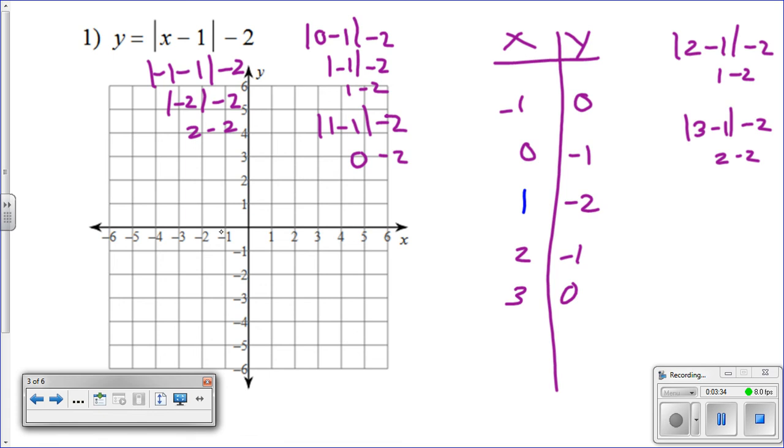So -1, 0, 0, -1, 1, -2, 2, -1, 3, 0. There's your v. I'm going to freehand this, which is not going to be pretty here. And there you go. Now if you're using a piece of graph paper to do all of these, so in other words if you're doing one grid to graph all of these, that's perfectly fine. Just make sure you label.